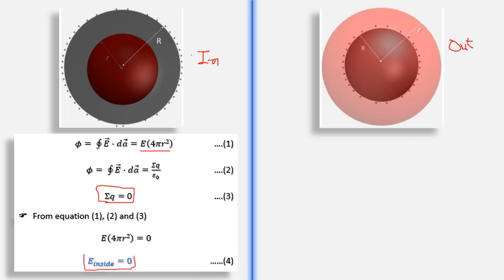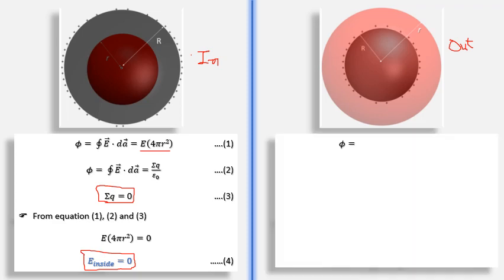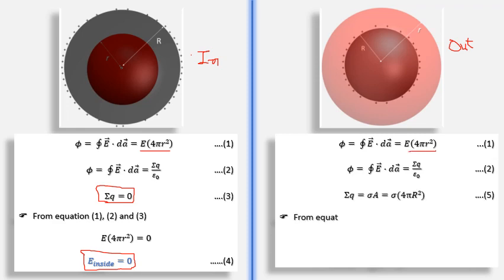Now I want you to see the steps keenly so that you can derive it by yourself without any problem. See, the first step is the same because the Gaussian surface has radius r only. So E into 4 pi r square. And look at this step. This is where the difference comes.